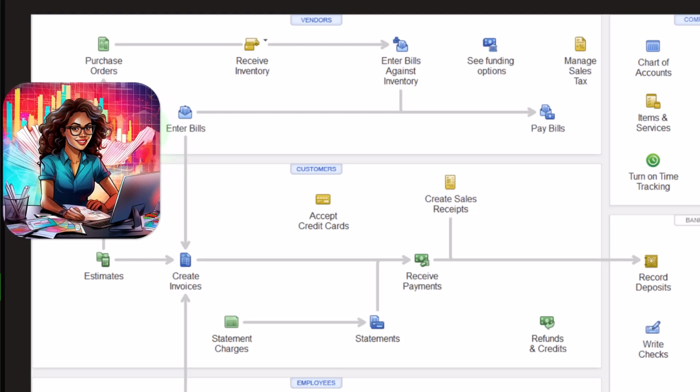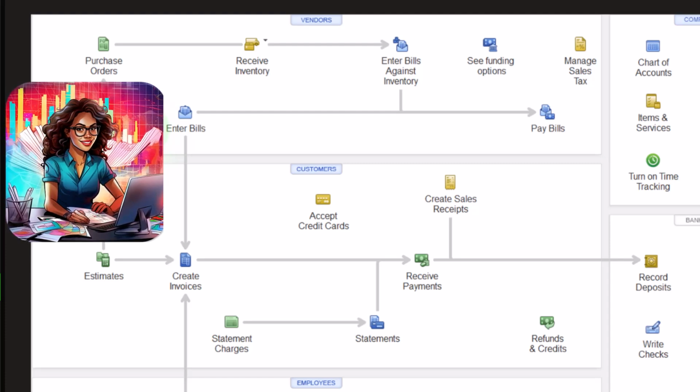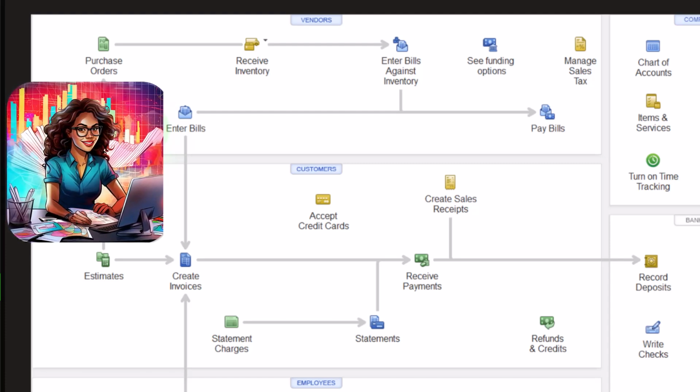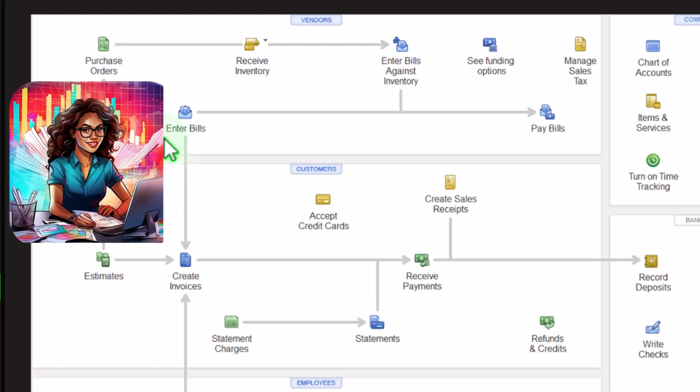So we want to be on good terms with our vendors. We want to take advantage of cash discounts, but then pay as late as possible in order to hold on to the money as long as possible to improve our cash flow situation, as well as take advantage of the time value of money.